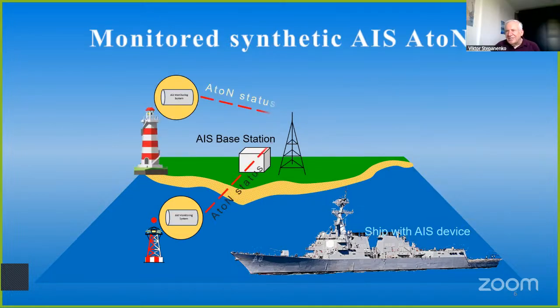Okay, thank you, understood. Now the following types of AIS ATON exist: physical, virtual, and synthetic, which are divided into monitoring and predicted. On this slide, we can see the physical AIS ATON. It is an AIS transceiver installed directly on a fixed aid and broadcasting its information, known as message 21.